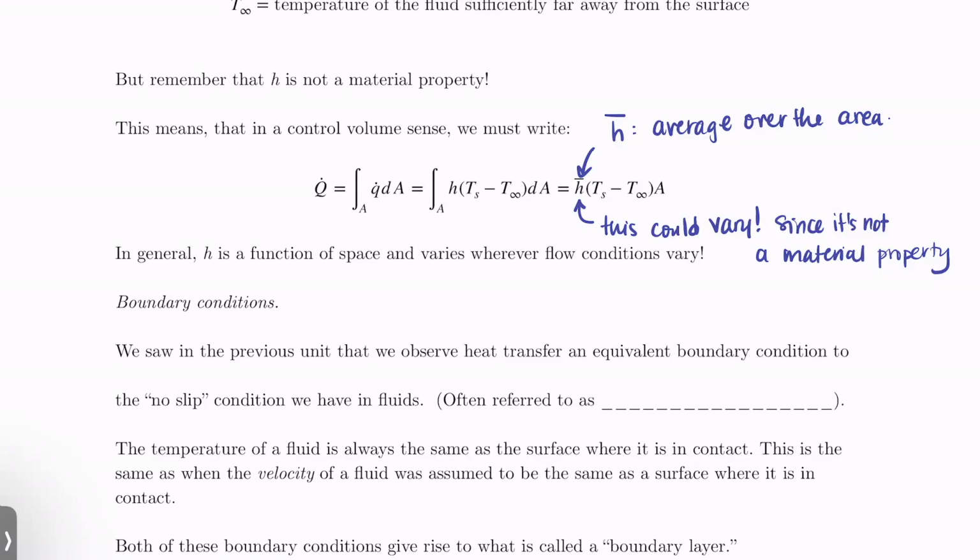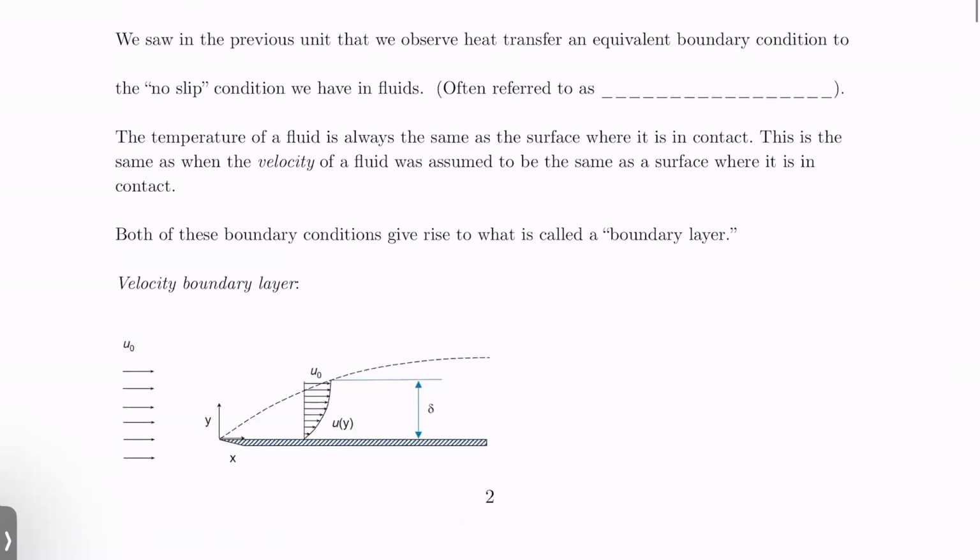All right, let's talk a little bit about boundary conditions. So we saw in the previous unit that heat transfer has an equivalent boundary condition to the no slip condition for fluids. This is called the no jump condition.